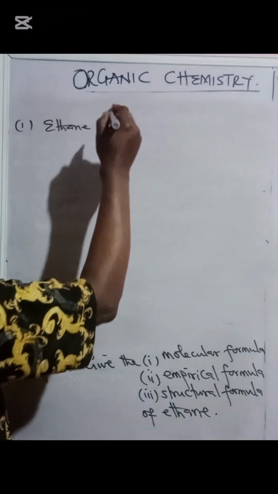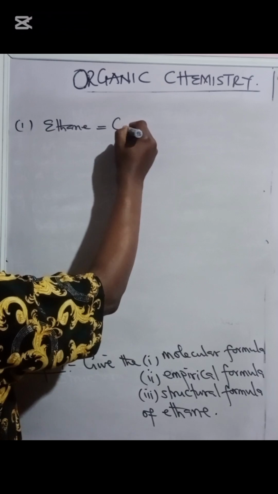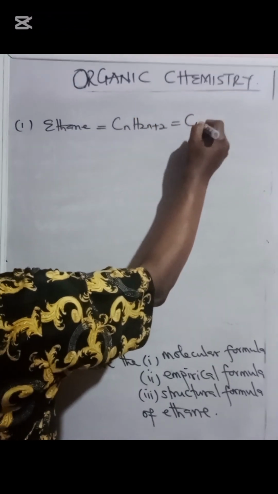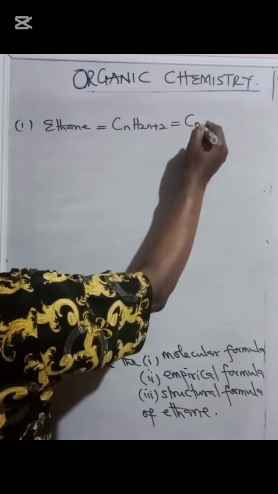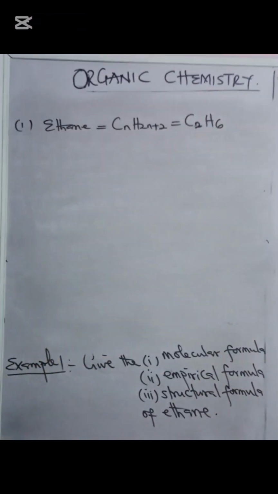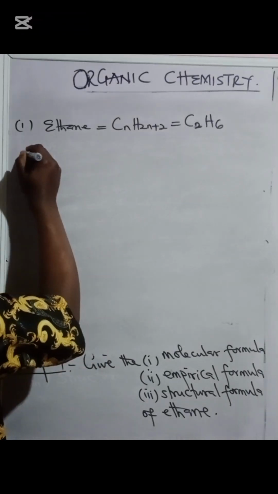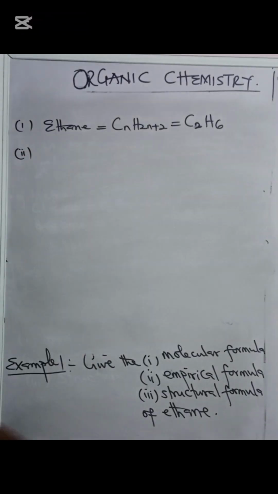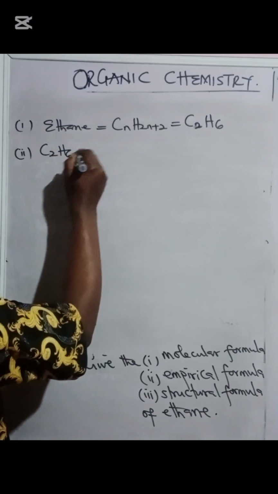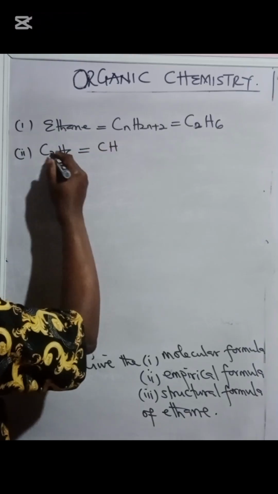The molecular formula is using the formula CnH2n+2. That's the general formula. That is C2, since n is 2, 2 times 2 is 4, plus 2 is 6. So that's the molecular formula, C2H6. Roman two, we have to find the empirical formula. So C2H6 factorized, 2 is common.